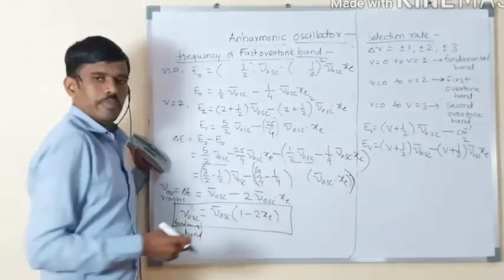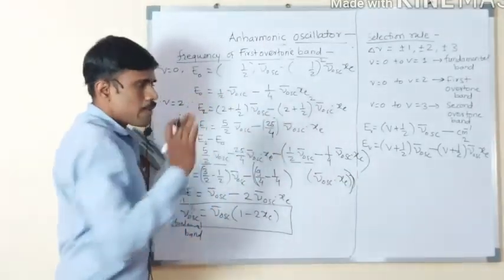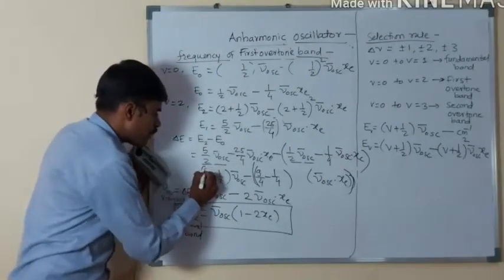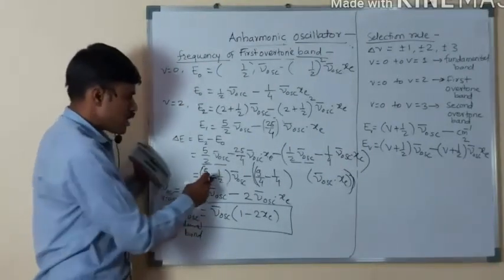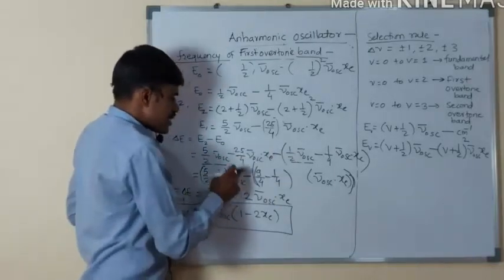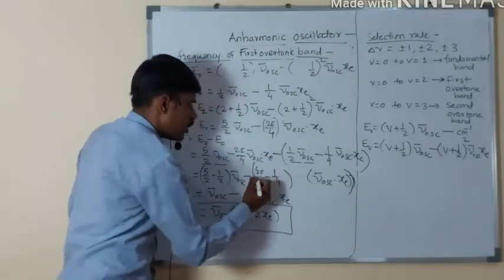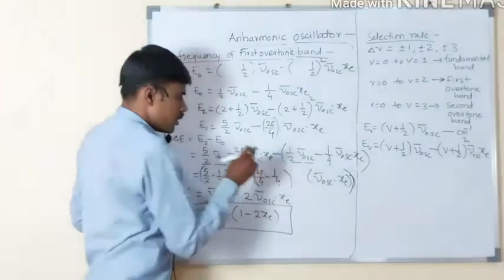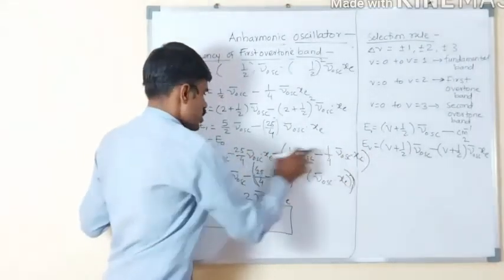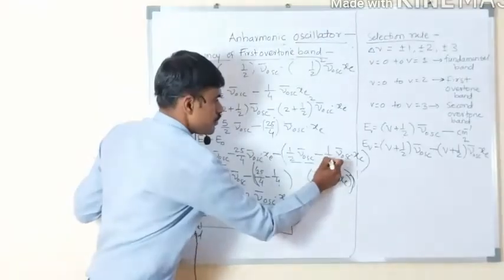This is the constant because our lower energy state is fixed in all types of transitions. So put 5/2 minus 1/2 for this term, and 25/4 minus 1/4 ν̄ of oscillation into Xc. This is the common term out of these two.